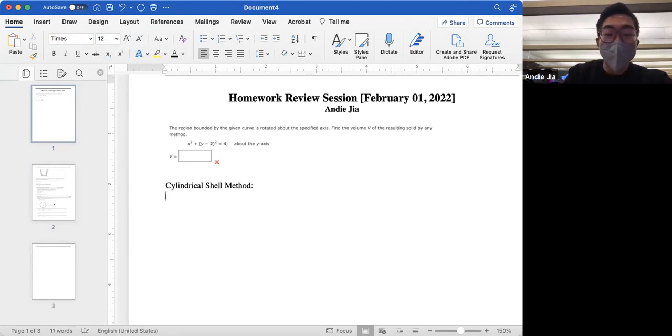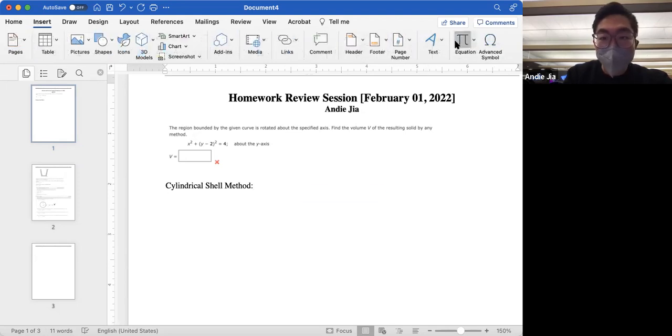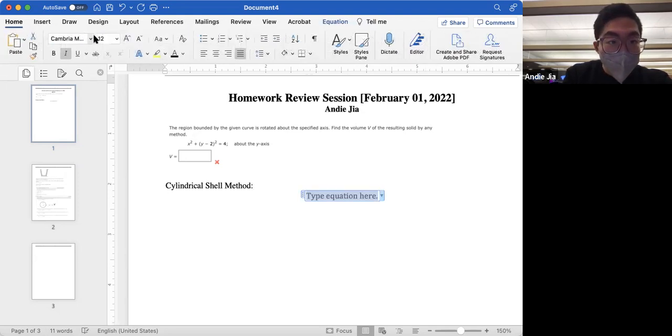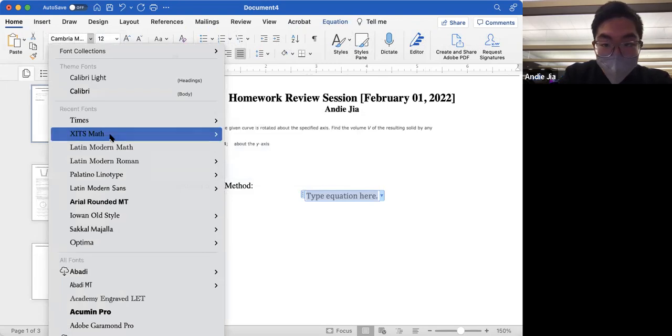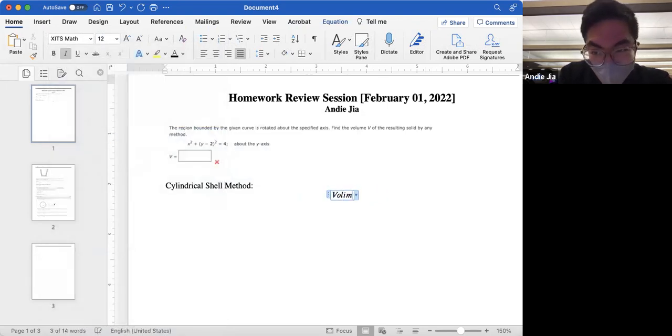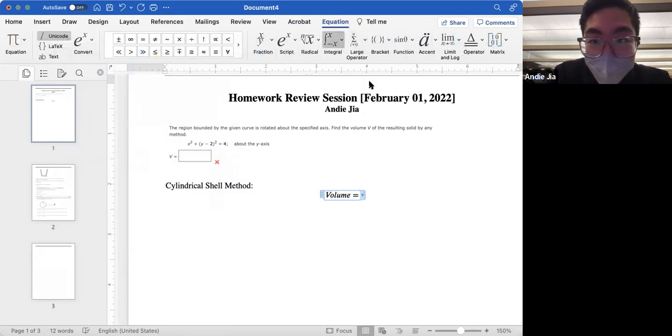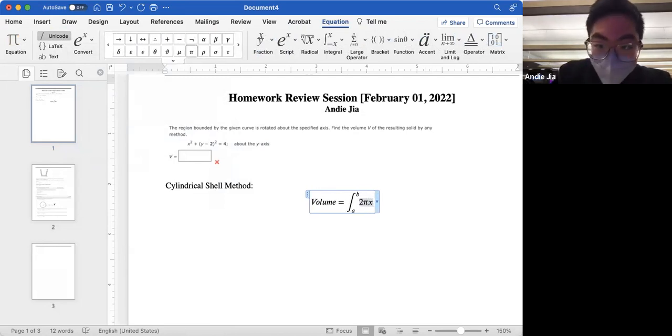And the volume can be expressed as: the volume of this solid can be obtained by the integral from a to b of 2 pi x times the area function.